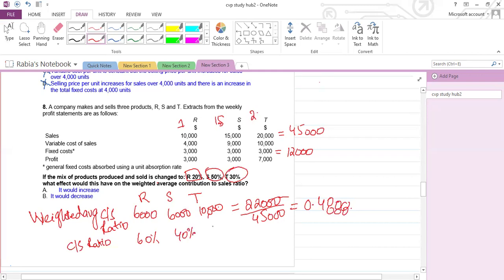Next is 50%. Okay, this is your individual contribution to sales ratio. My total sales is 45,000. Now the mix will change to 20%, 50%, and 30%. I will calculate my new units.